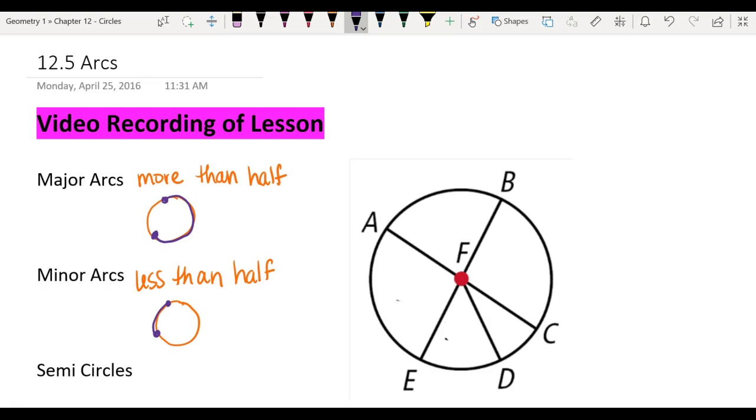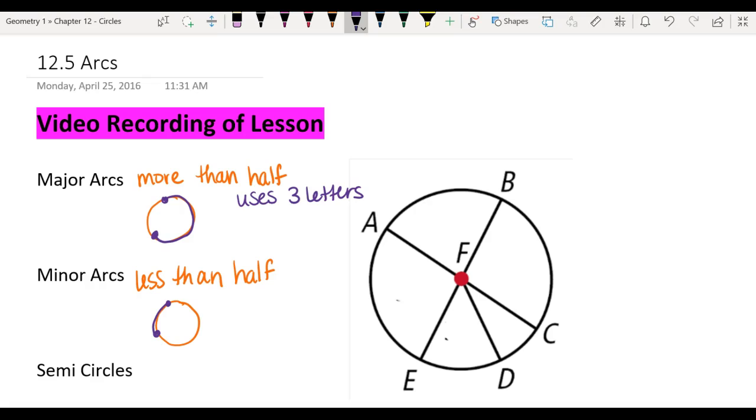Okay? A major arc is named using 3 letters. For example, in the picture on the right, if I wanted major arc A to E, I have to give a 3rd letter that's in between A and E on that round part.